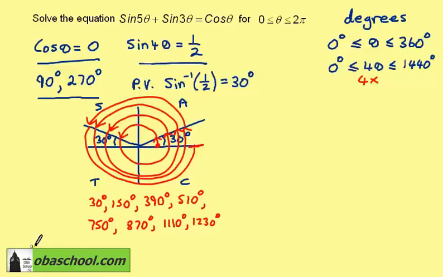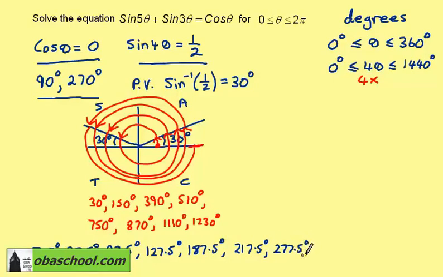Remember, these solutions are for 4θ. To get solutions for θ, we need to divide each of them by 4. 30 divided by 4 is 7.5. 150 divided by 4 is 37.5. 390 divided by 4 is 97.5. 510 divided by 4 is 127.5. 750 divided by 4 is 187.5. 870 divided by 4 is 217.5. 1110 divided by 4 is 277.5.